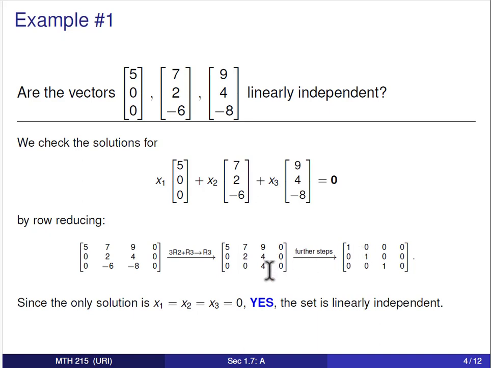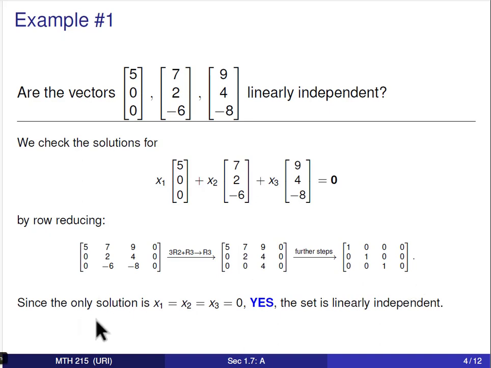So if we were to go ahead all the way to the reduced echelon form, we would see 1s on the main diagonal, and that would tell us that x1, our first variable, has to equal 0. x2 has to equal 0 as well, and x3 also has to equal 0. And that is the only solution.